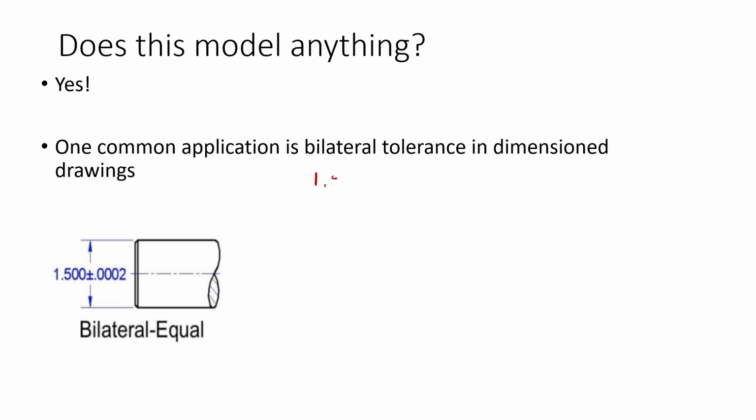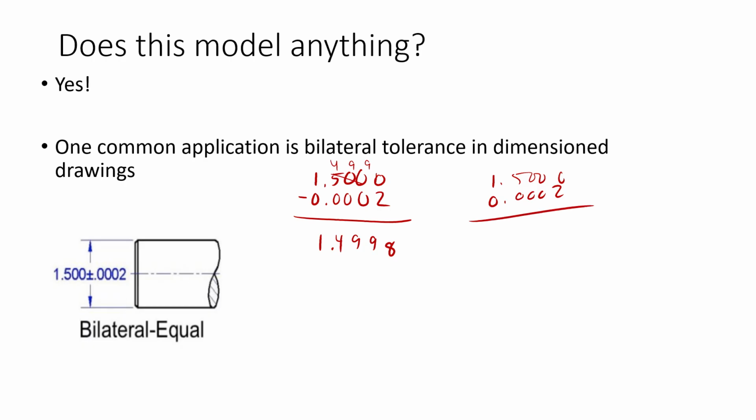So in this case, you could go 1.500 and you could subtract that amount. So that is 1.4998. Okay, so that's the smallest it could be. And the biggest it could be is 1.5002.